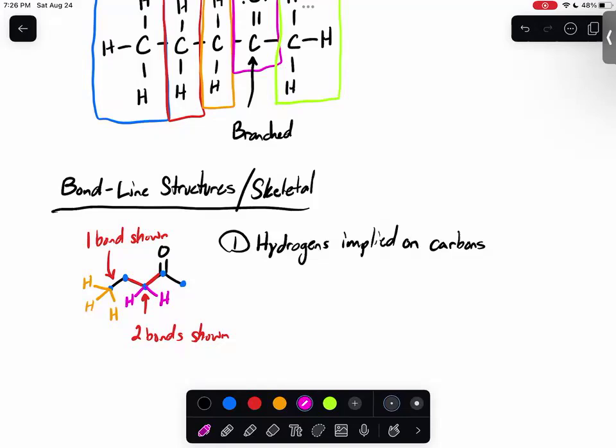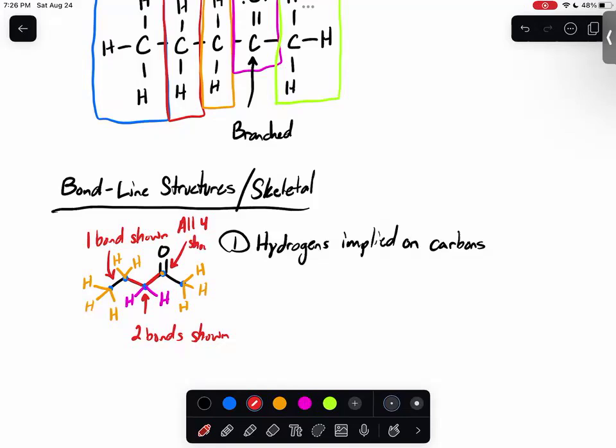So essentially, you can do that for every single carbon that we have up here, right? We can go through and look at where those hydrogens would actually be based on how many bonds are shown there. And then the same thing could be said about this right here, where that carbon's bound to the oxygen. This one has all 4 bonds shown. And so because of that, there are no hydrogens there.